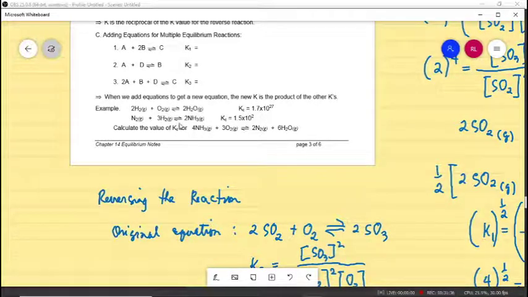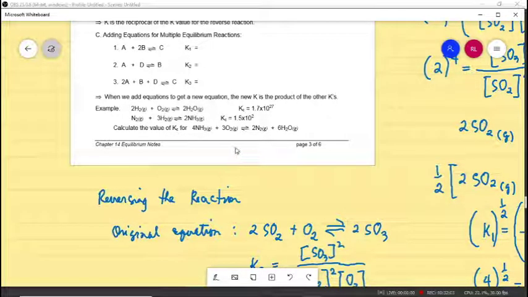Pwede nating i-compute itong overall na K sub C from these values. All you have to do is to multiply these values to solve for the overall K sub C value.